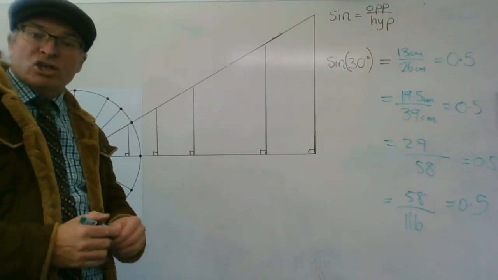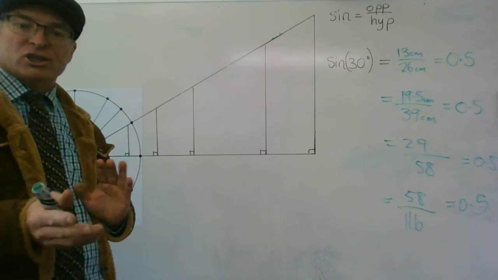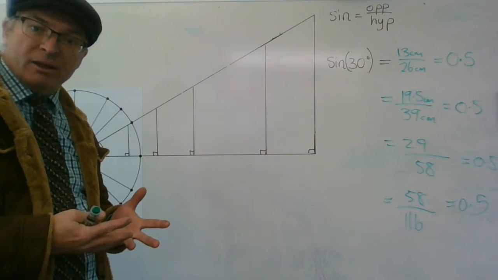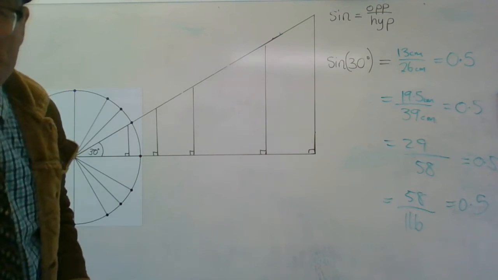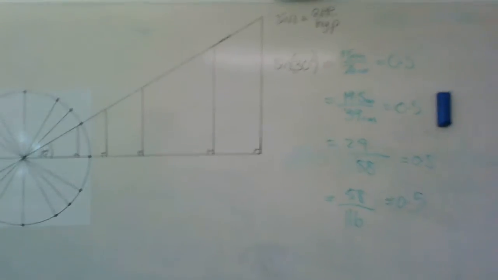So by measurement, I can figure out what the ratio of the opposite to the hypotenuse should be for a particular angle. And I'm going to do that over here quickly for various other sized angles.